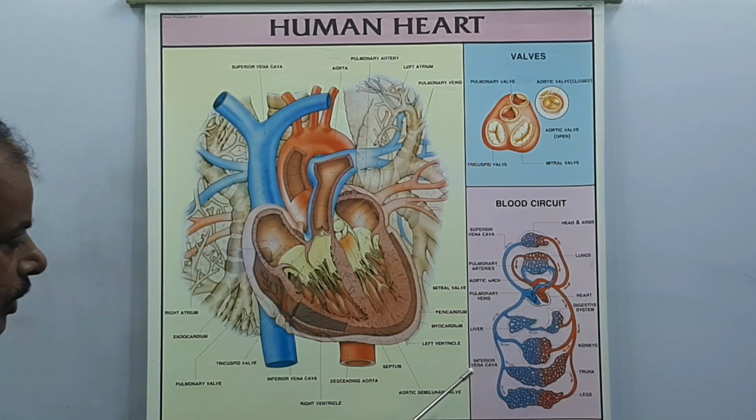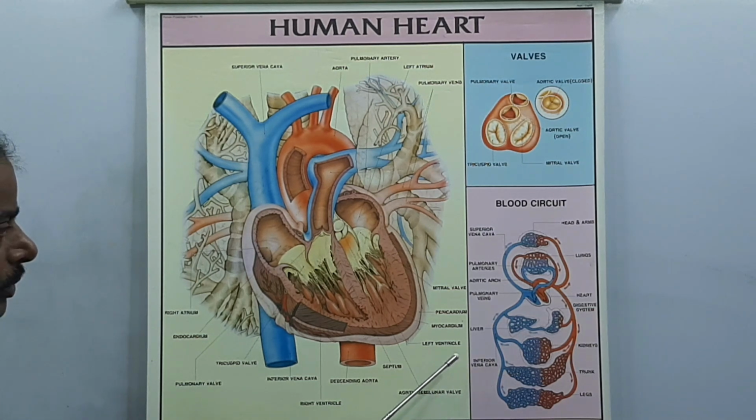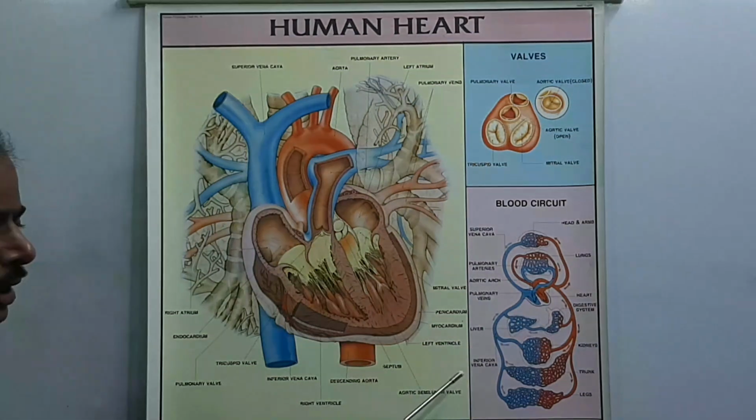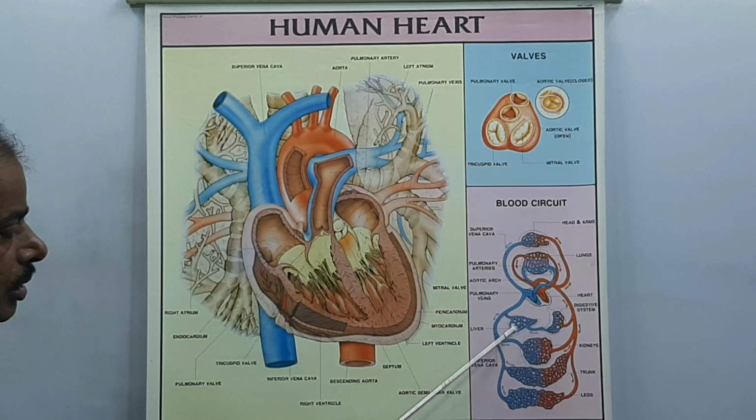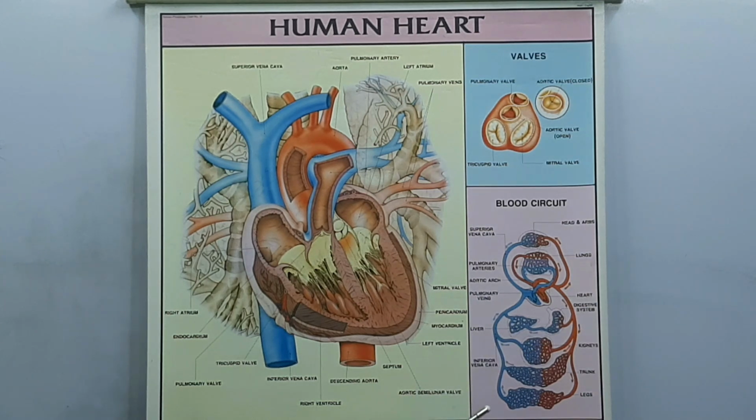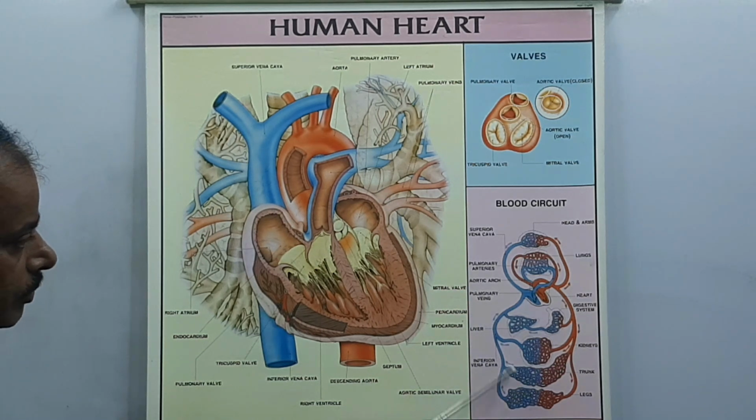Because mammals and birds are warm-blooded or homeothermal animals, they need more energy, and for releasing more energy, oxygen is required in more amount. That's why double circulation of blood provides more oxygen to release more energy. So this is the blood circulation known as double circulation of blood.